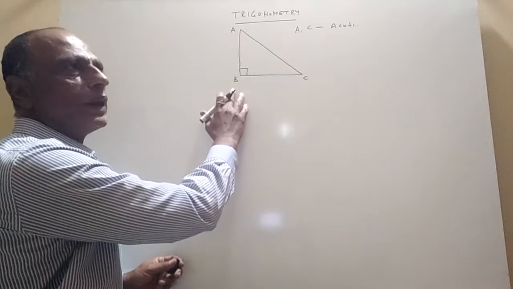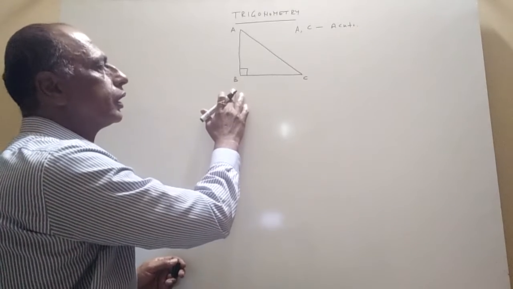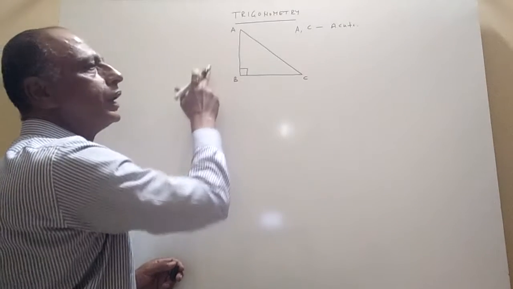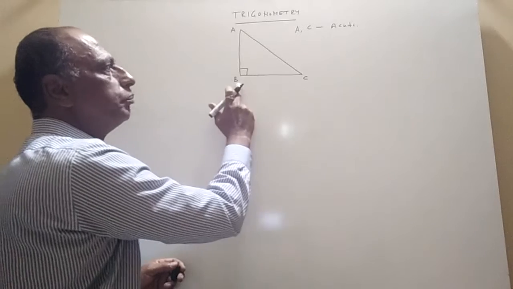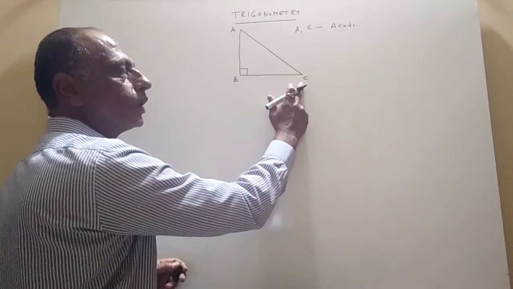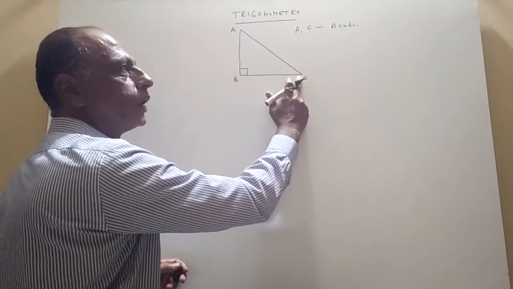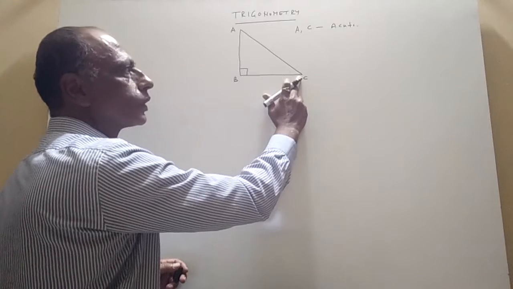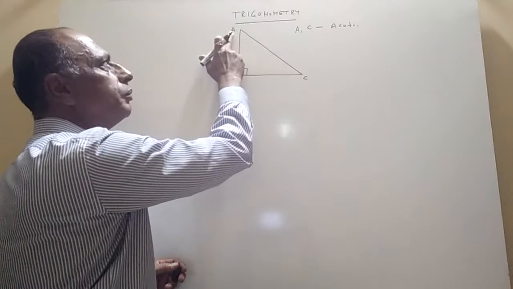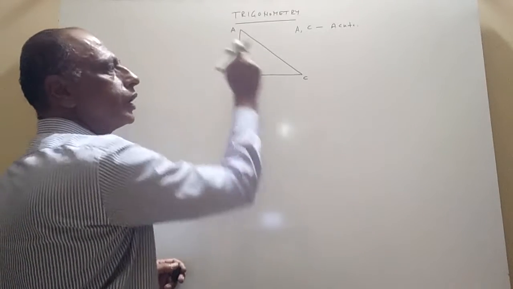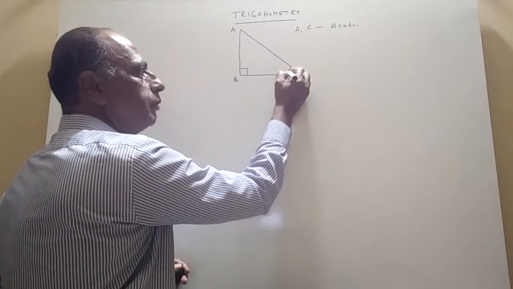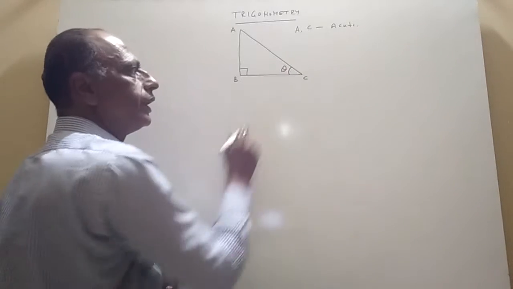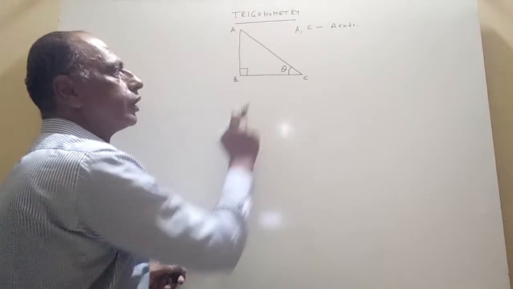Trigonometry also has an application in daily life. Let's take AB as a building and BC as a ground. So if we are standing on the ground at point C and trying to see the top of the building, which is A, our eye will be making an angle theta with the ground.